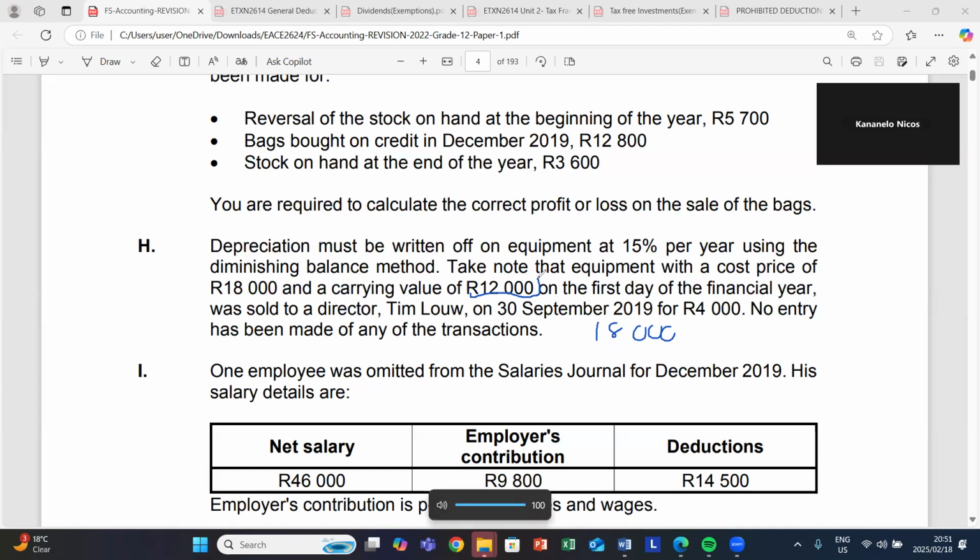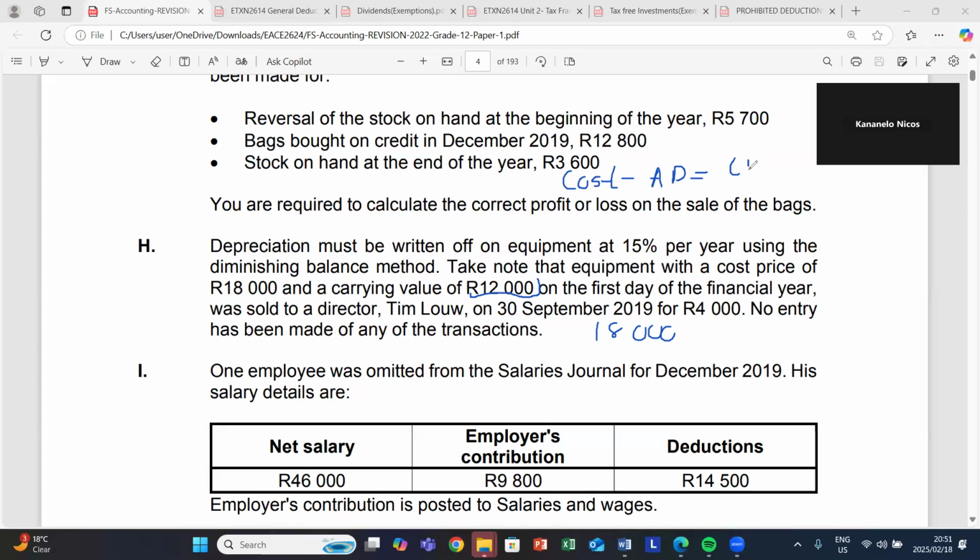That's correct. So to get our carrying value, we say cost minus accumulated depreciation. That's how we get our carrying value.